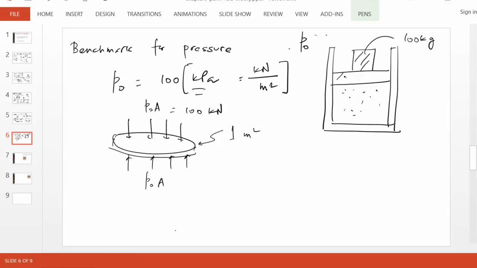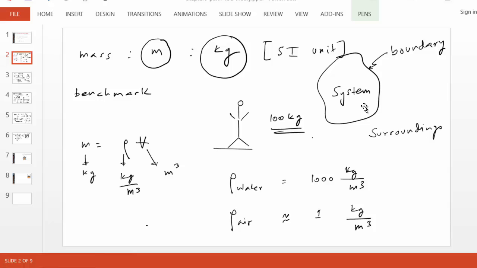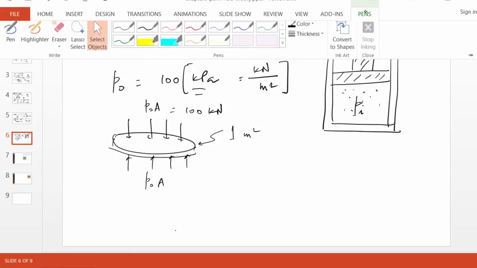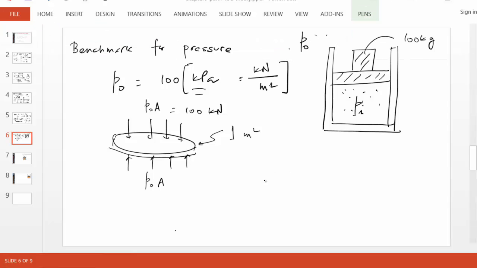So now go to this problem. What is going on here? The gas inside has a pressure of, let's say, Pi. So the question could be, find the pressure Pi inside. To do so, we can do a free body diagram of the piston. So that's our clue here.